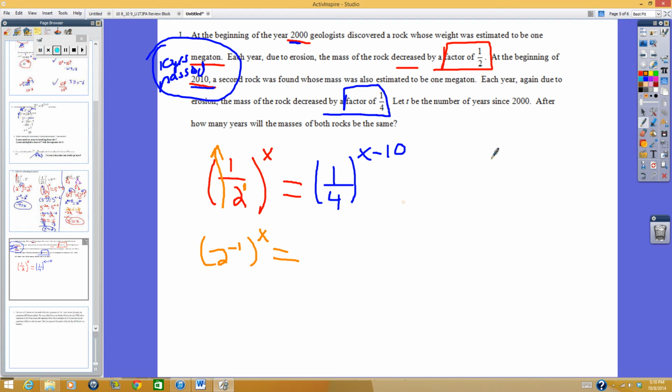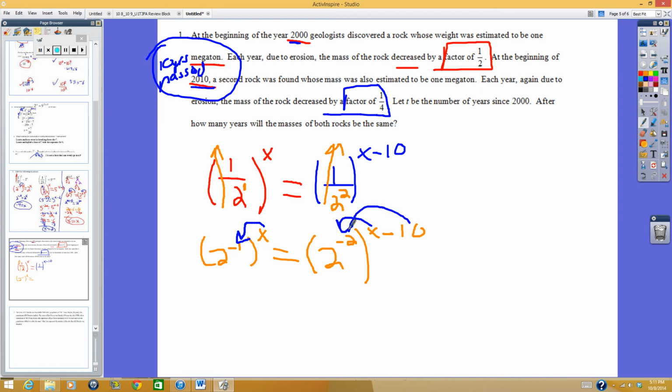This side here, just because I don't have a lot of room, I'm going to erase this 4, because I know that you guys know that 4 is 2 to the second power. You could break that down. I also want to move this up. And that is going to become 2 to the negative 2, and it's going to have an x minus 10. Okay? And now it looks very familiar at this point.